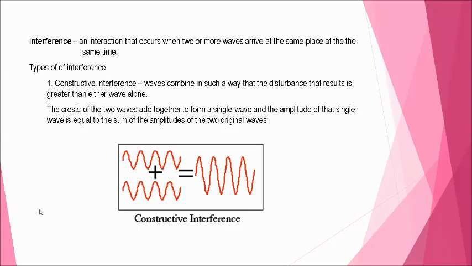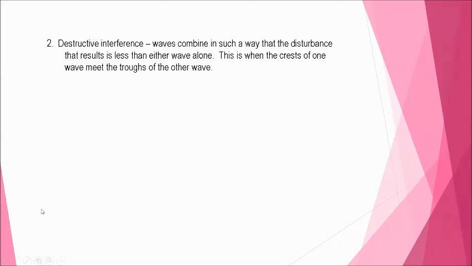Now, next, the other type is the destructive interference. So, here, when the waves combine, the disturbance or the resulting wave results in a wave that has lower amplitude than any of the individual original waves.